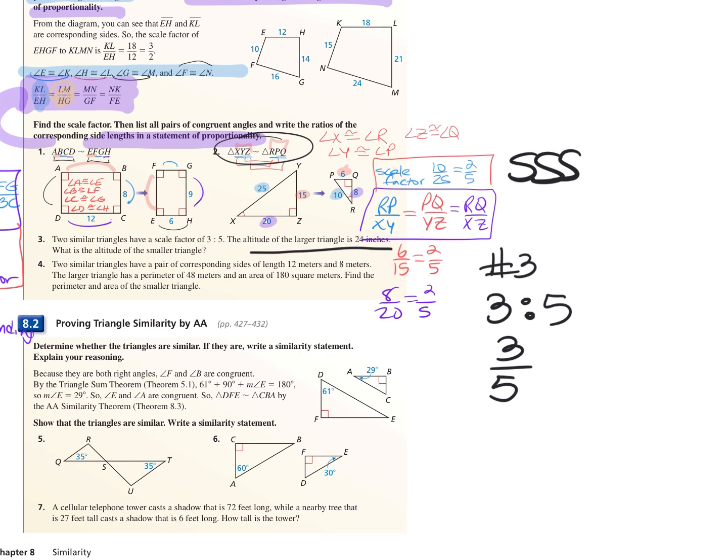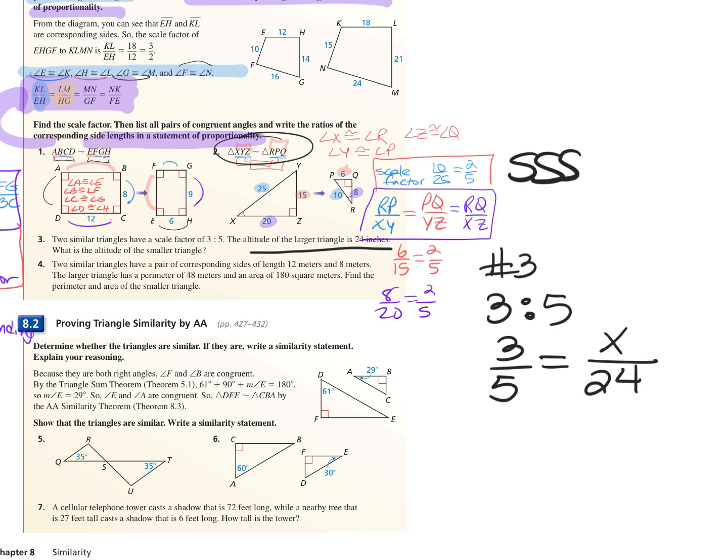So I'm going to use this scale factor, and the place that I'm going to put the 24 is going to be across from the larger number in my scale factor, because the 24 was for the larger triangle. If it said the 24 was from the smaller triangle, then I would have put it next to the 3.